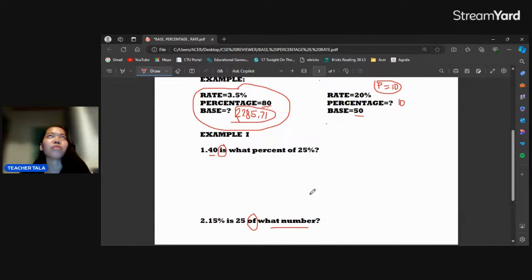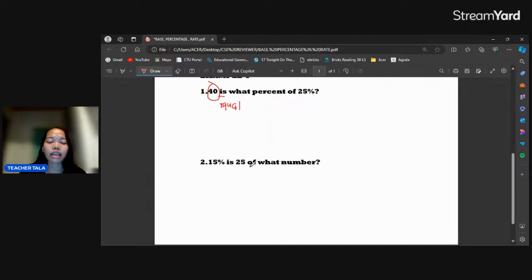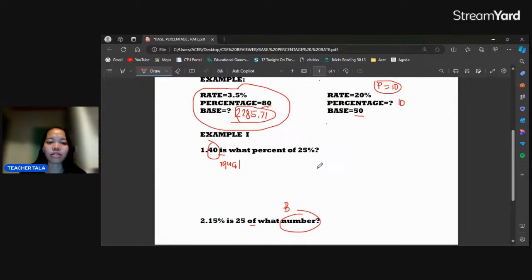Again, one more time. Kapag yung is, di ba sa math is equal, right? Is means equal. That number is a percentage. While kapag yung number is kasunod ng of, that means that number is base. "40 is what percent of 25?"